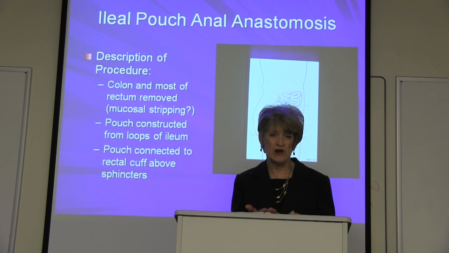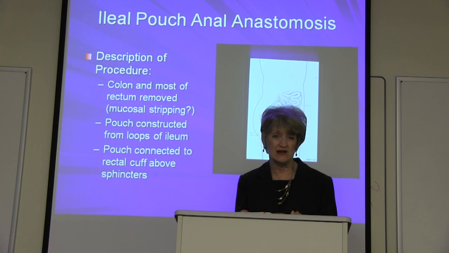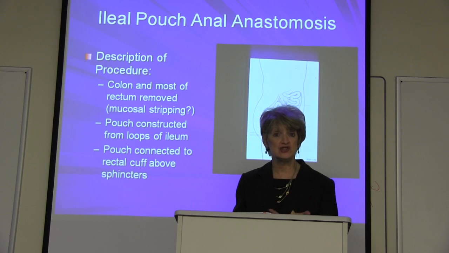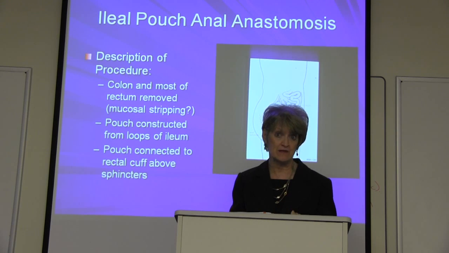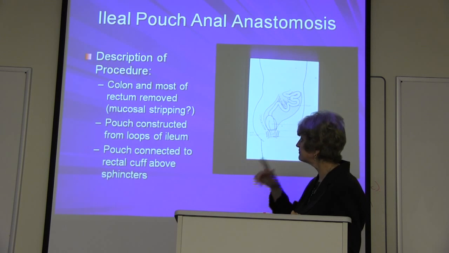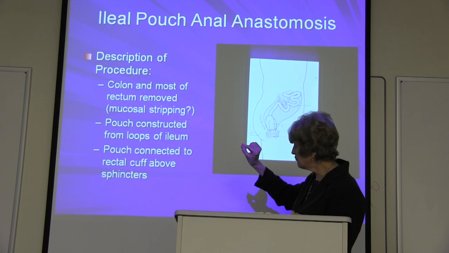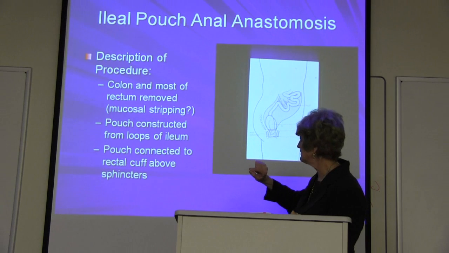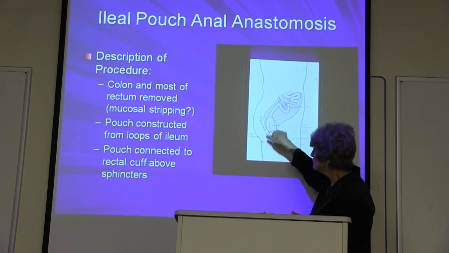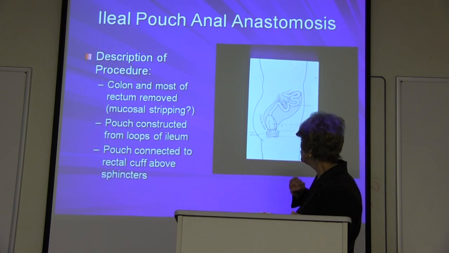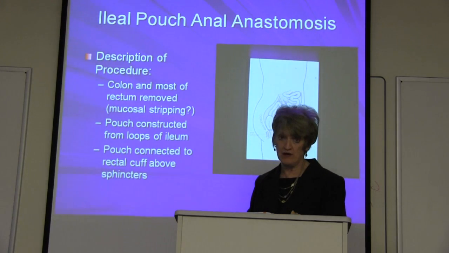At this point in time, we don't have enough data to say that one way is right and the other is wrong. Advantages and disadvantages to each approach. You should just know why mucosal stripping might be done, and you should also know why some surgeons elect not to do it, because that might be a question on the certification exam. But you always take out the colon, you always take out most of the rectum down to that little cuff. You may or may not strip out the mucosa. Then you form a reservoir from loops of the ileum, and you connect the reservoir to that rectal cuff just above the anal sphincters.